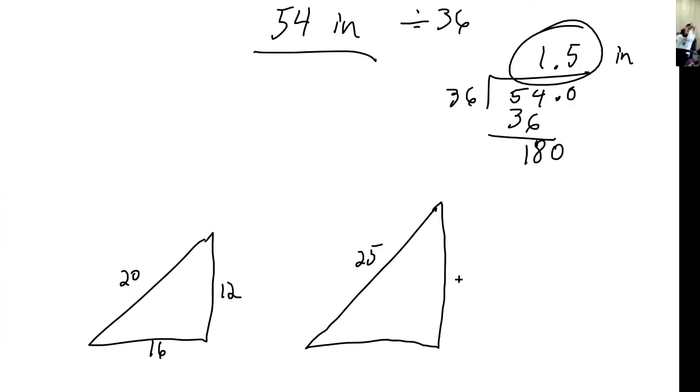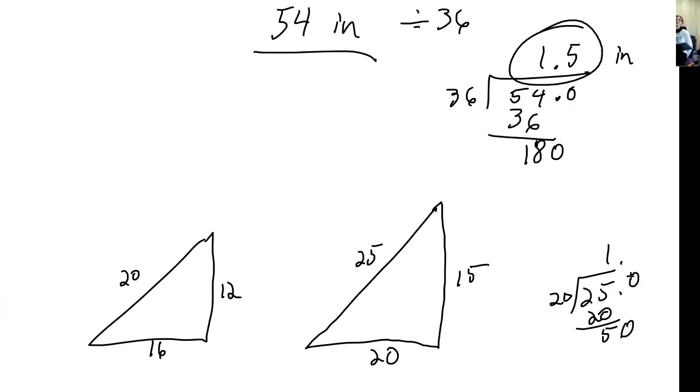So how do you figure out the scale factor? Well, you can just divide 25 by 20. That goes in one time. Then you bring down a decimal and a 0.